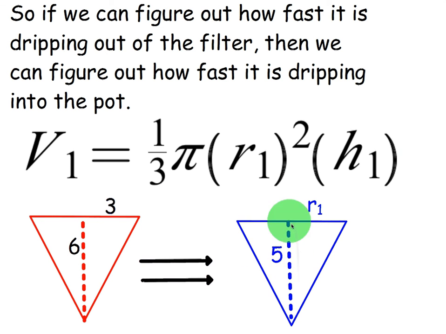There's 5 inches of coffee in this 6 inch filter. So we can figure this radius out. Since 3 is half of 6, the radius of the coffee in the filter is going to be 2.5. So we can plug in 2.5 for R1. We know H1, and that will give us the volume of coffee in the filter.